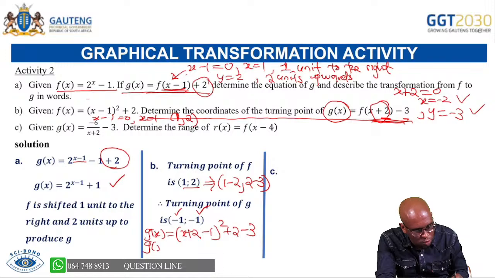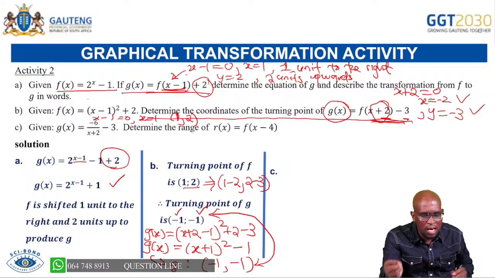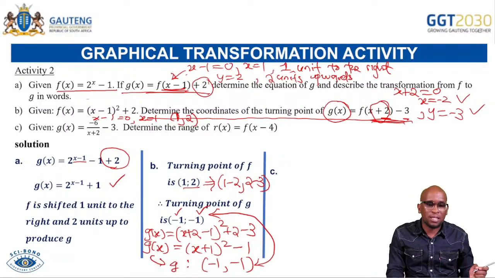So we get that the equation of G would be x plus 1 squared minus 1. So the new turning point, the turning point for G would be -1 and -1. So you can see we get the same solution, but we are using a different method, right?